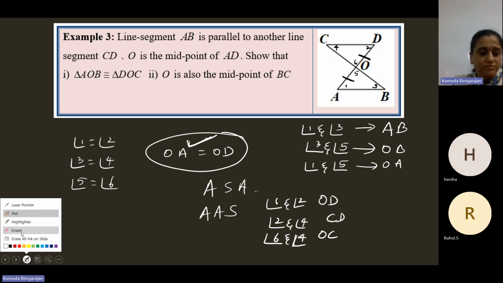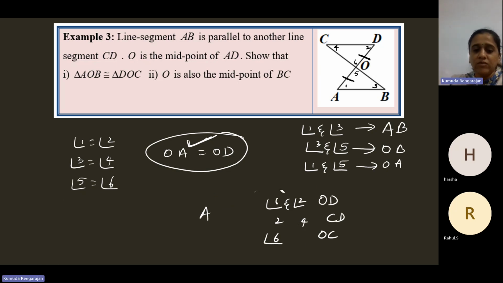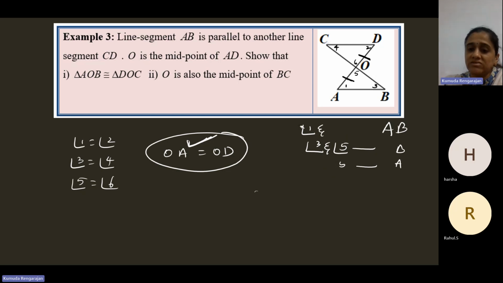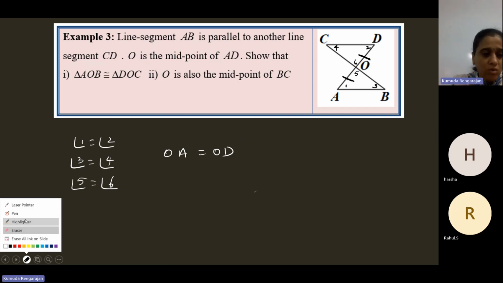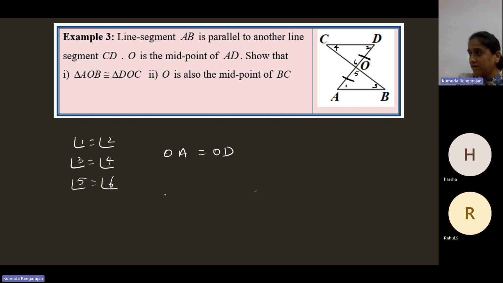Now, if you want to use AAS, you must write two angles on some other side. Now answer this question correctly. OA is some other side for which two angles? Let me put it like this, children.